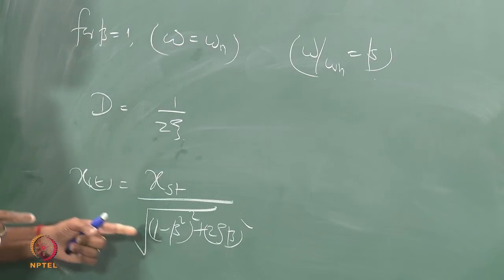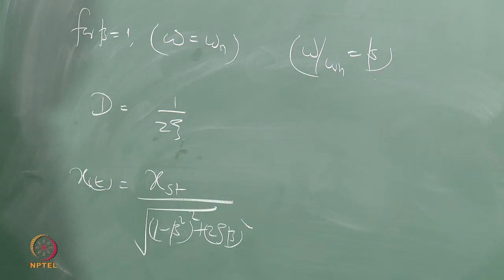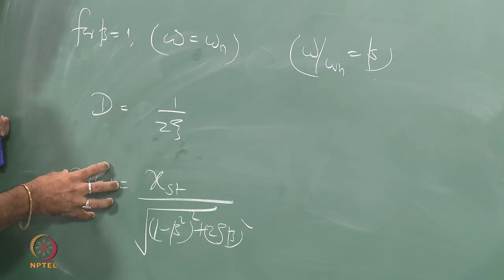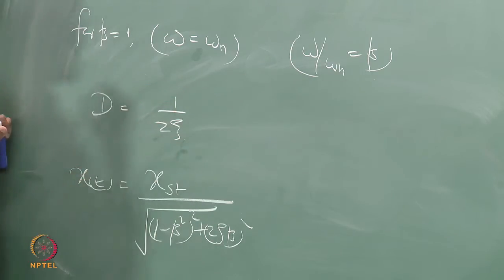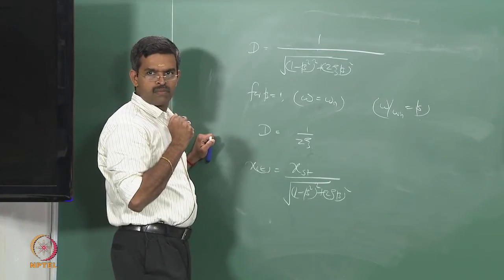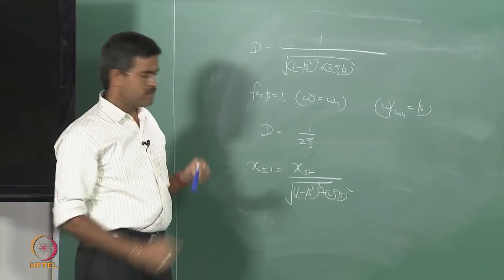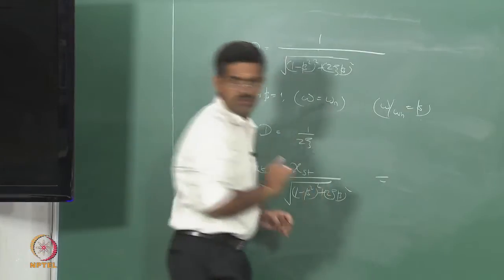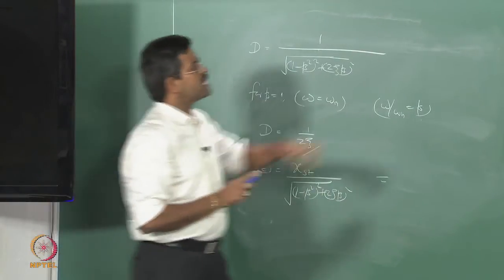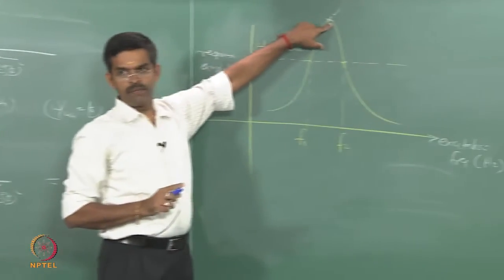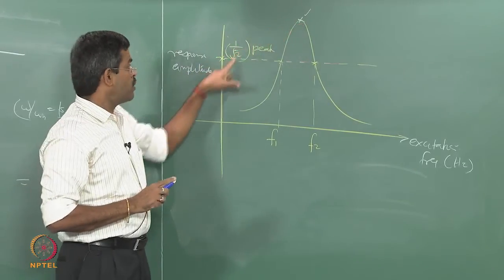You can easily understand this equation physically in the sense x of t of a given system is nothing but magnification of static response, okay, and that factor is this, right. Now, this can be equal to the maximum value is known to me, okay. I know 1 by root 2 of this.